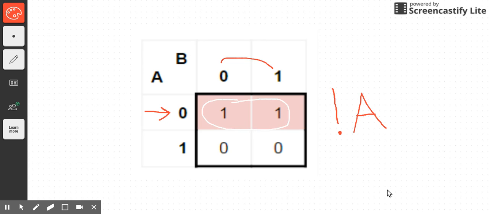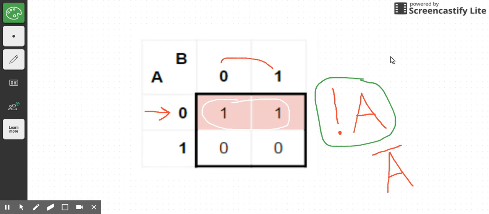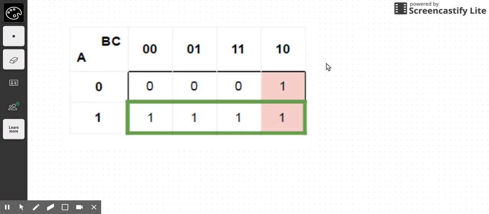Or if we're using standard logic symbols, we could write not with a line over the top, but those are hard to type. So we are using the exclamation A as the not. All right, so the equation for this group is not A. And we'll look at another example.